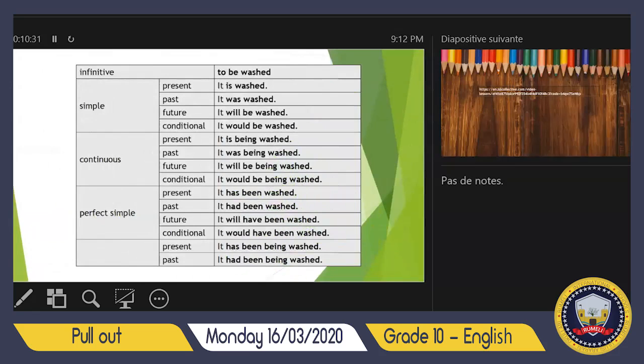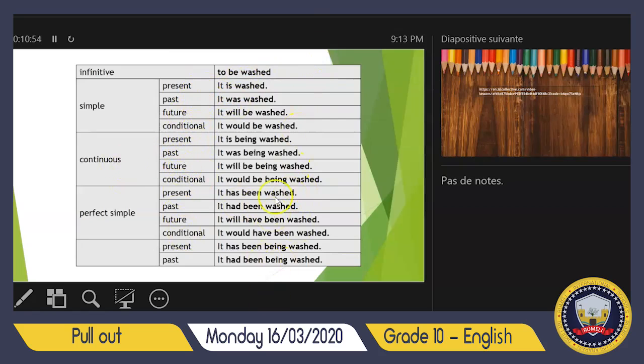Now, look at this board. Here you have all the possible changes you can have when you use passive form. Okay? Here you have the infinitive form, present, past, future, conditional, present again. If you have continuous, you have present, past, future, conditional.